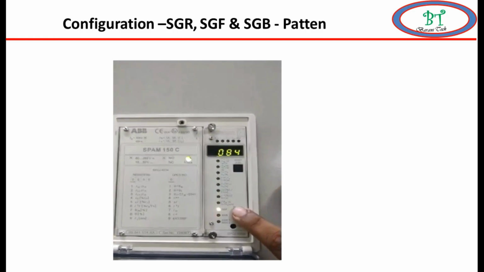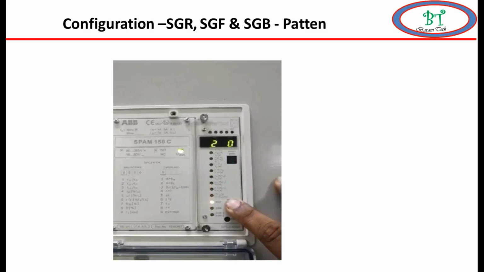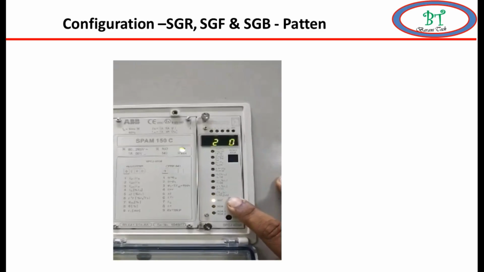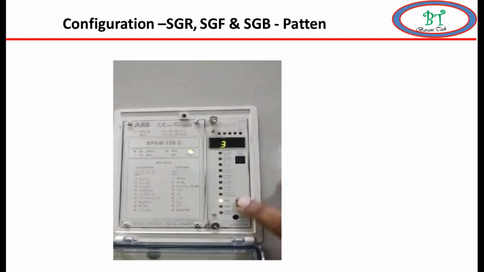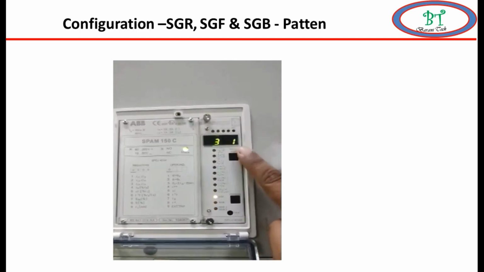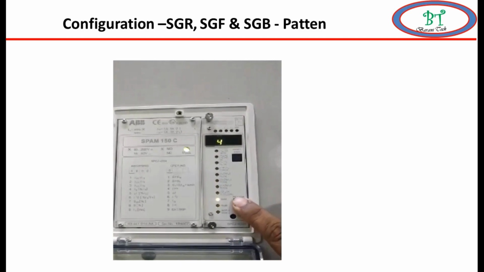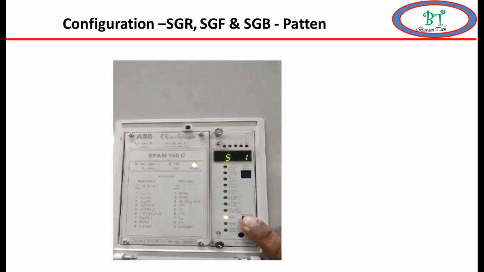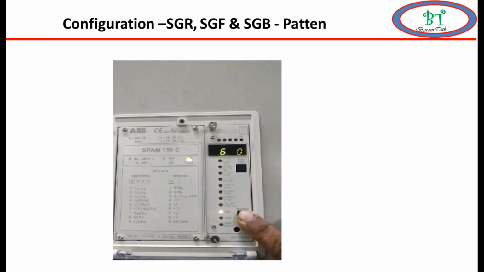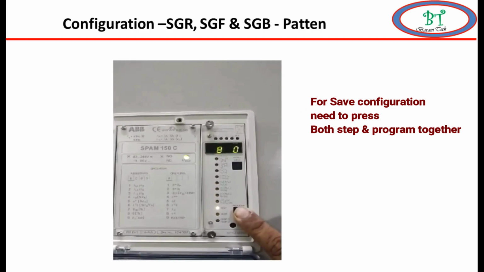Now it will show 1 and a space value. This value may be 0 or 1. If you want to change the value, you need to press step like this. Similarly, we have 8 switches. Each of these 8 values stays at 0 for deactivated and 1 for activated, and they have different weights.